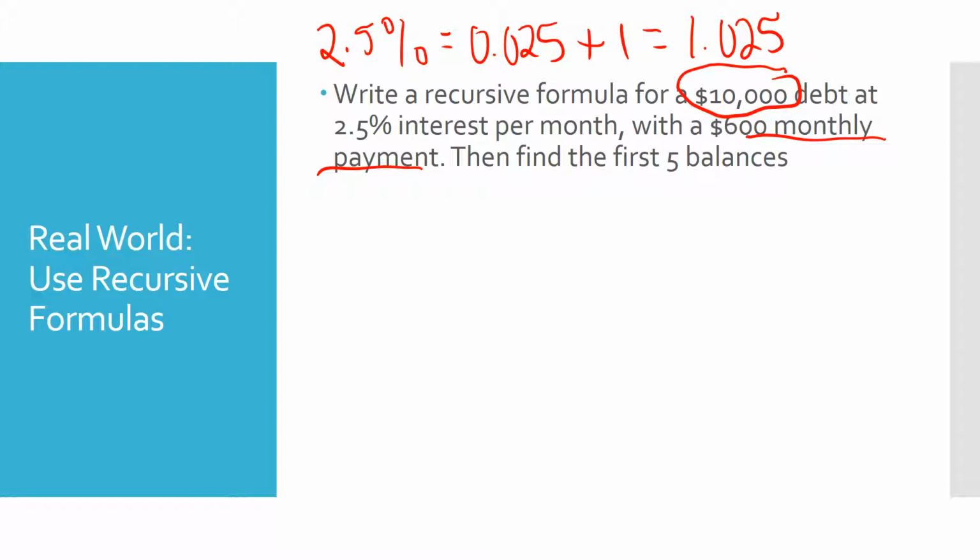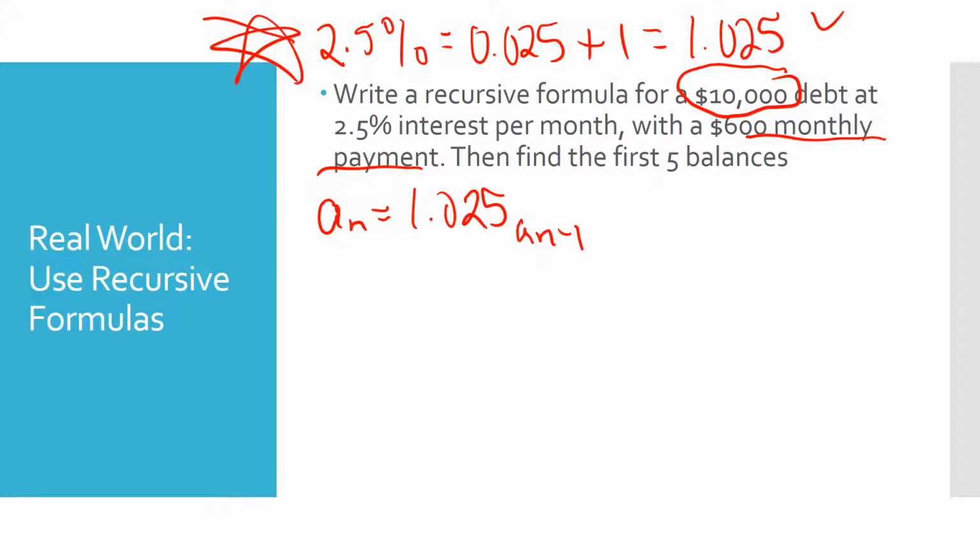So let's put this in the form of a recursive formula. I could say then that A_n is equal to, and here's my common ratio, 1.025. You need to remember how I came up with that. That would be a star. I'd be putting that in my notes somewhere. A_n minus 1, minus $600.